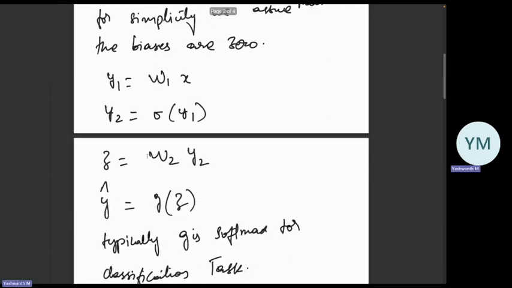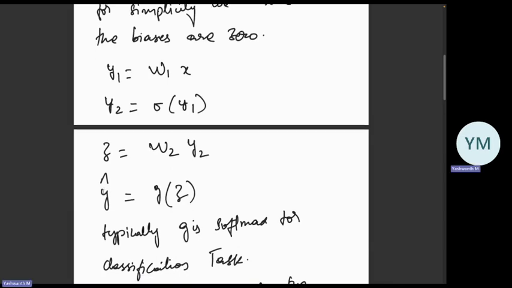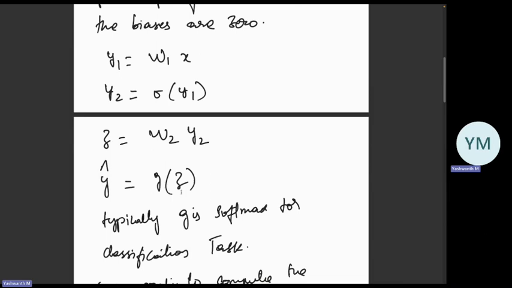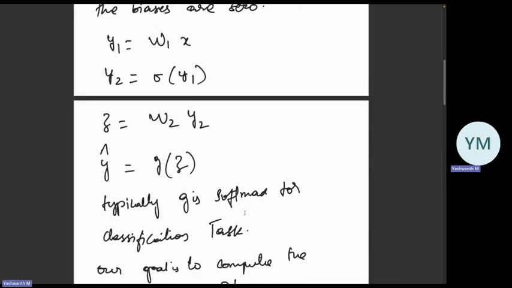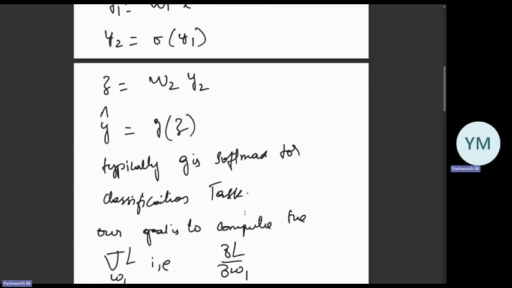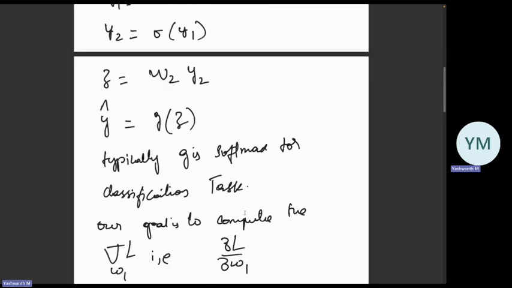Again, z is obtained by operating W2 on y2. Finally, we get the prediction y hat by using a deterministic transformation G on Z. G is typically softmax for a classification task. And our goal is to compute the gradients using the backpropagation algorithm.